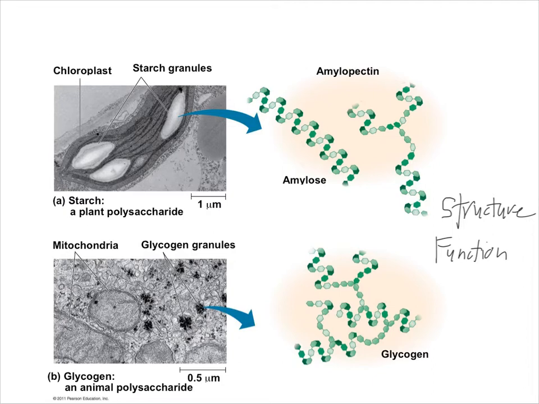You see how the structure of starch or amylose is going to provide advantages for the plant that suits its lifestyle, whereas the very different structure of glycogen is going to provide advantages to the animal in terms of ease of access, rapidity of storage, things like that, that suit its lifestyle. So the structure of the molecule determines what function it is used for.